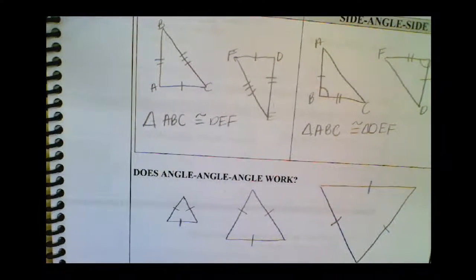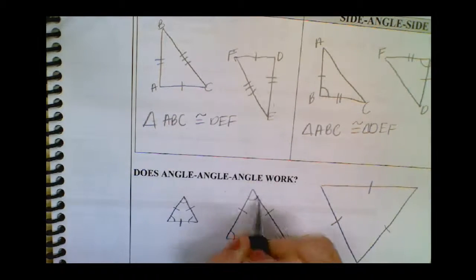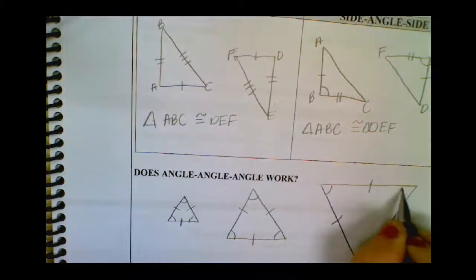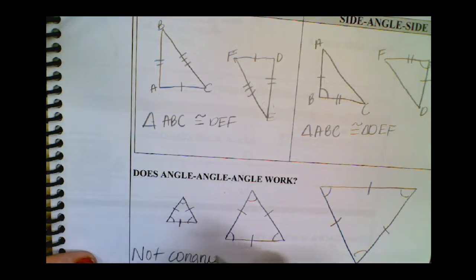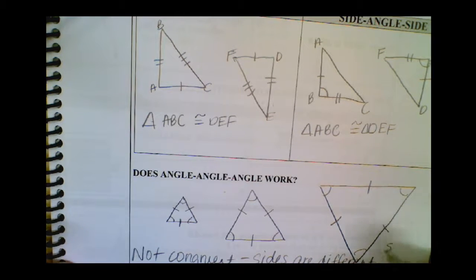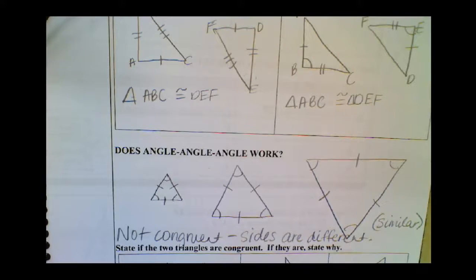Okay. They all have 60-degree angles. Are they congruent? No, they're not congruent because the sides are different lengths. They are similar, which is fine, but when we're dealing with triangle congruence, we have to deal with only congruence. Similar doesn't help us very much.